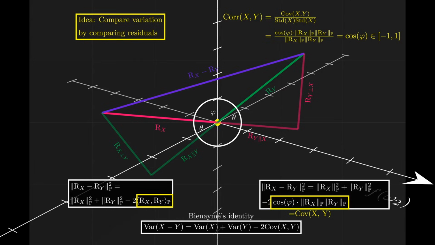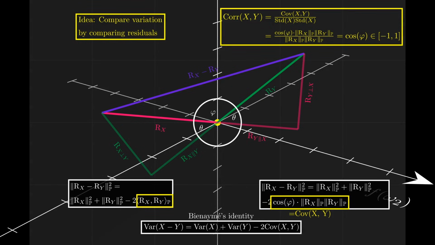We replace the covariance by the probability-weighted scalar product between the residuals of x and y, which in turn is simply the corresponding norms of these residuals times the cosine of the angle between them. And similarly, the standard deviation was identified as the norm of the residual. So if we remove the terms that cancel out, we simply get that the correlation of two random variables x and y is the cosine of the angle between their residuals in the probability-weighted geometry.